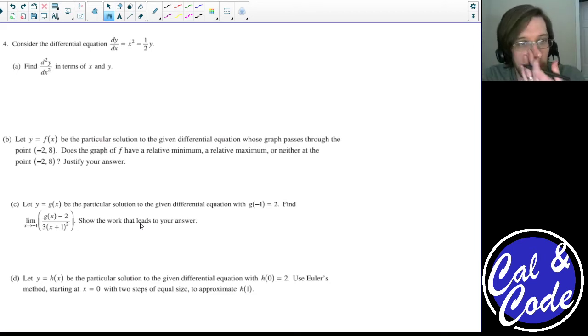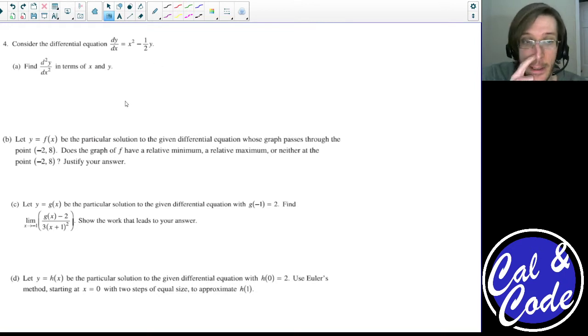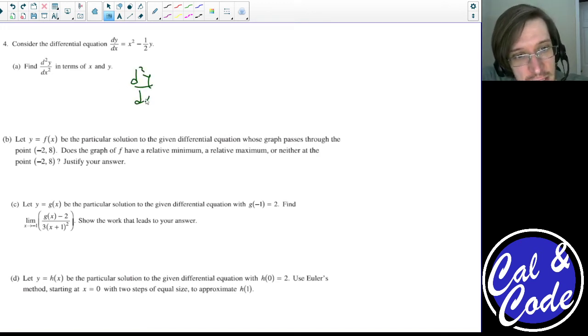Okay, so let's see. Moving forward. Considering this differential equation here, dy/dx equals x squared minus 1/2 y. By the way, this is a BC question. You're going to see y at the end. Then we define the second derivative of this in terms of both x and y. So d squared y over dx squared, we're taking the derivative with respect to x.